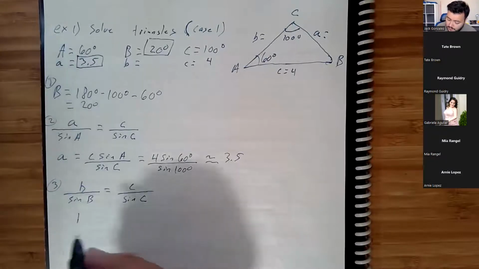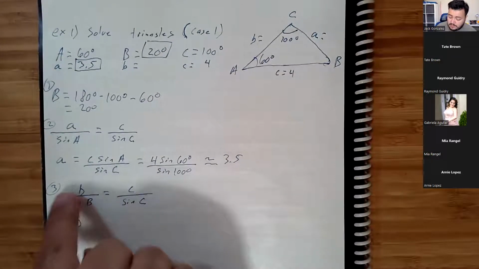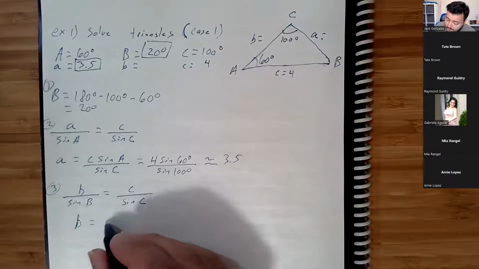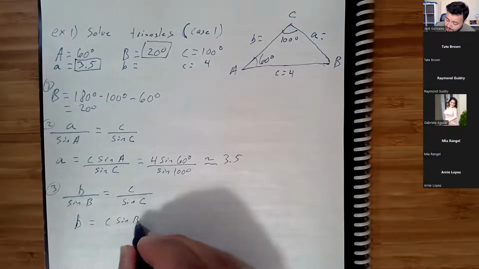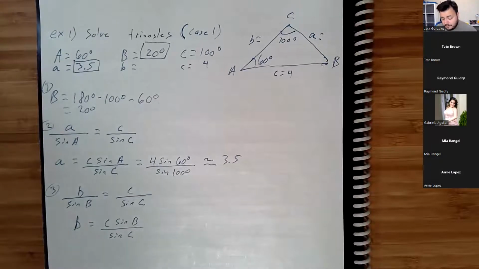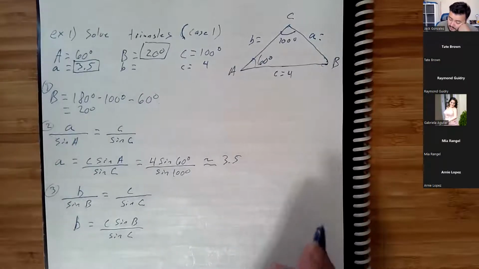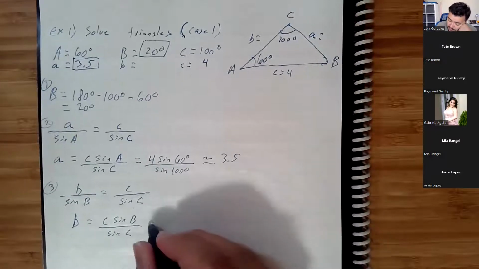Plug in everything. Well, actually, just isolate b. So I multiply both sides again by sine B to cancel this denominator. So you get c sine B over sine C. All right, so plug in everything we know.